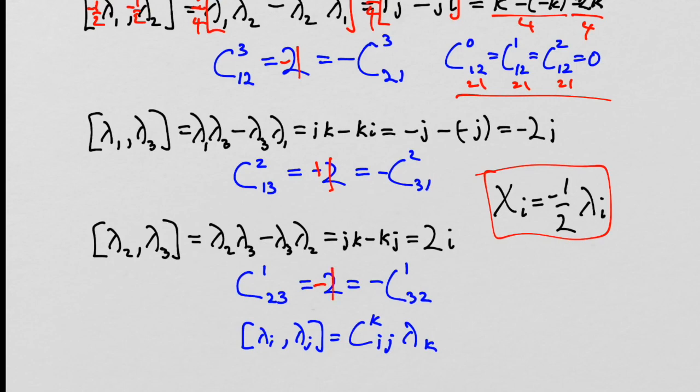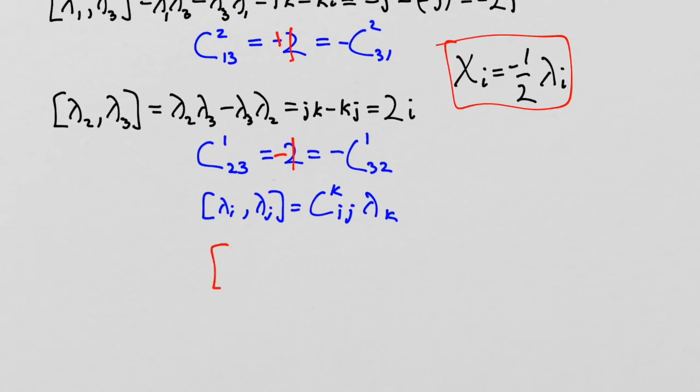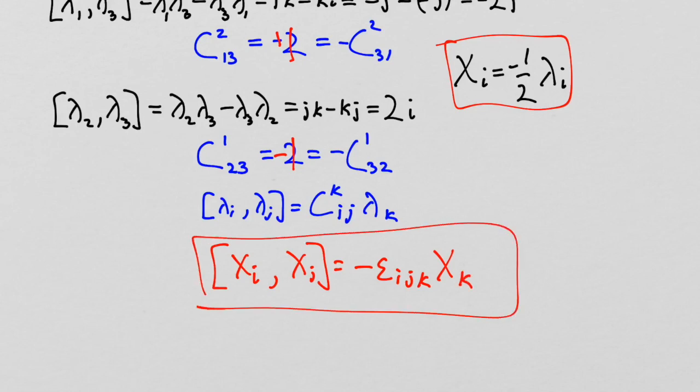And now, because we've done that, ultimately in this basis xi xj equals minus epsilon ijk xk, which of course is the exact same commutation rules we used when we did SU2 and SU3, which is why we're changing this basis. We're changing this basis so you can really see that the algebra is the same. And so we're now in a basis where the algebra is truly numerically identical to the other algebras.